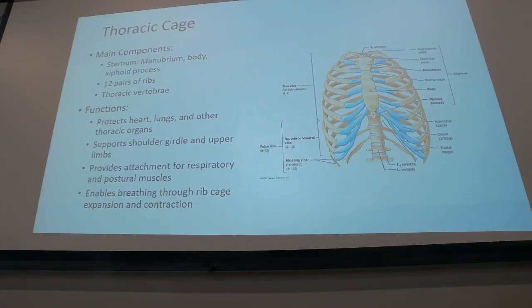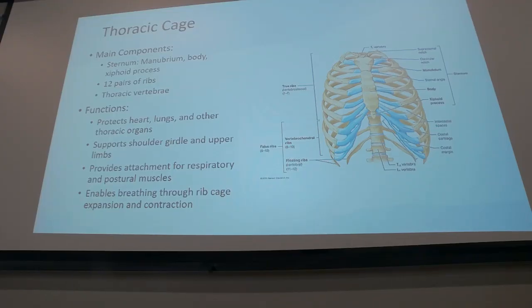For the ribs, the first 7 are true ribs, also known as vertebrosternal because they use their own costal cartilage to connect to the sternum. The last 5 pairs are called the false ribs, pairs 8 through 12, and out of these false ribs, 8 through 10 are called vertebrochondral.